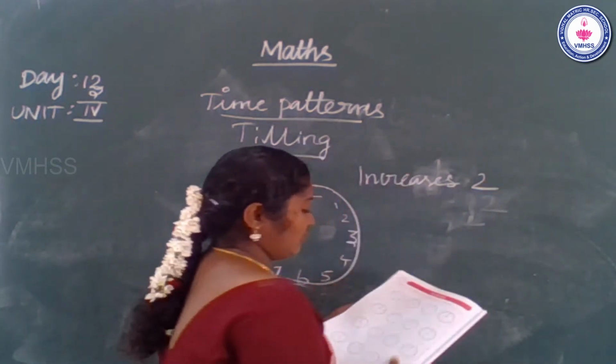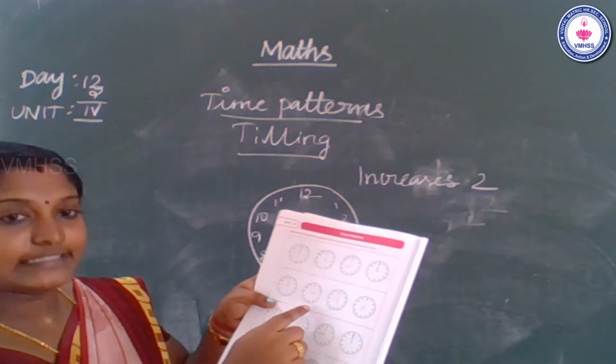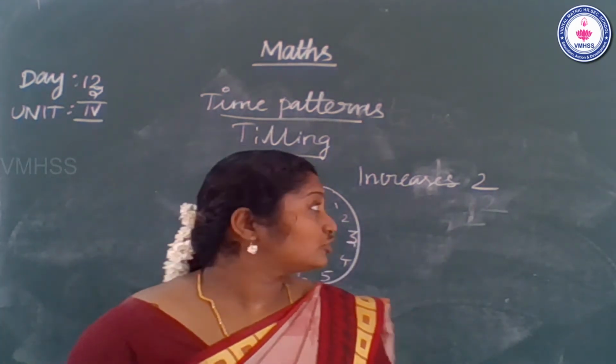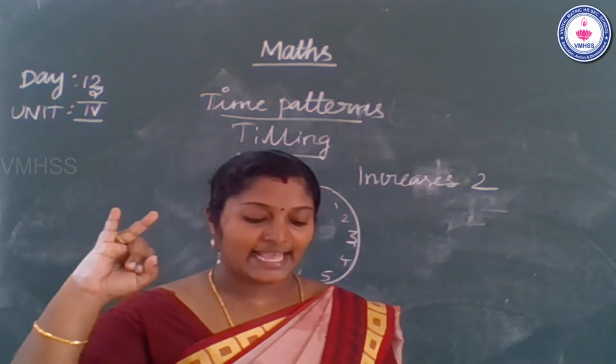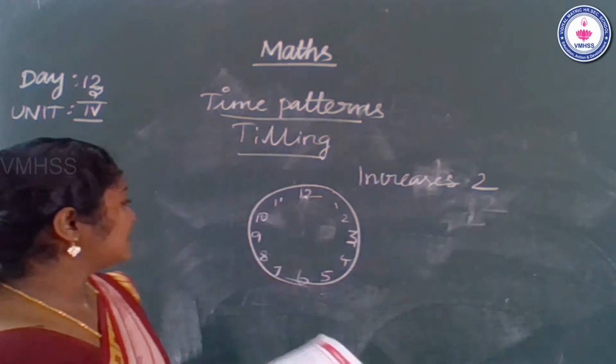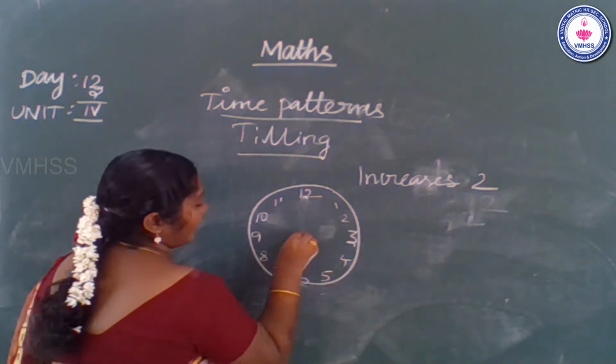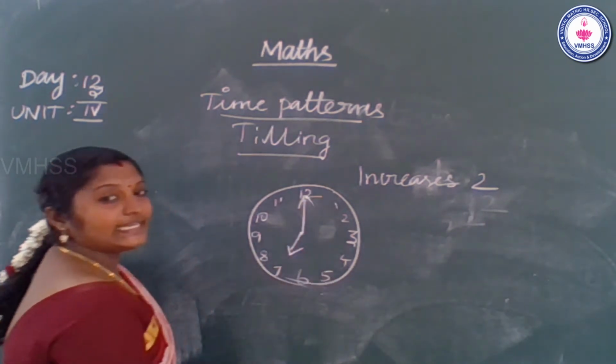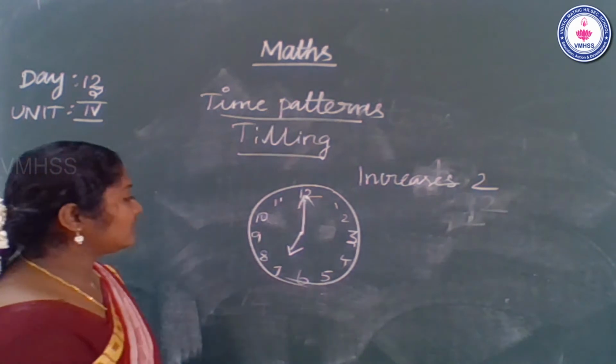Increases by 2: 1 o'clock, 3 o'clock, 5 o'clock. So 5 plus 2 is 7. Next we draw 7 o'clock. This is the hour hand and that one is the minute hand. Students, who wants to try?